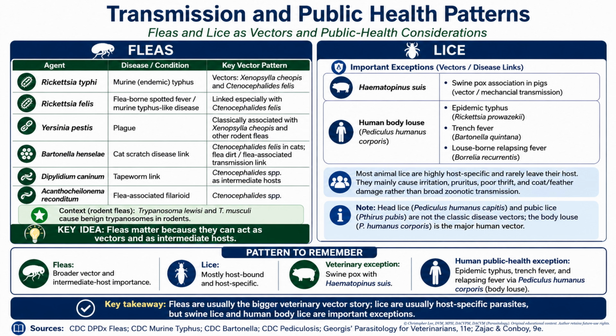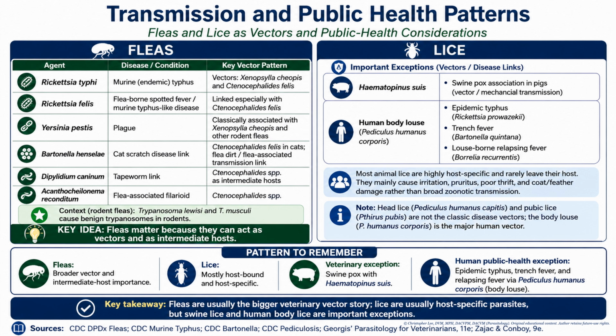Let's talk transmission and public health patterns. Fleas are the bigger vector and intermediate host story in veterinary medicine. They help transmit or help maintain several important organisms. Rickettsia typhi causes murine or endemic typhus, and flea vectors include Xenopsylla cheopis and Ctenocephalides felis. Rickettsia felis is associated with flea-borne spotted fever, or murine typhus-like disease, especially with cat fleas.